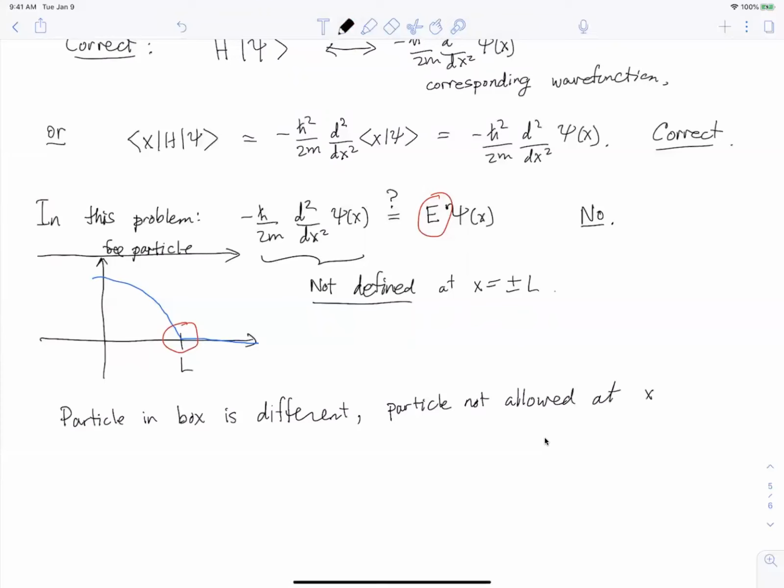So I'll just say at the edge of the box. In that case, there's no problem, and it really is an eigenstate of the Hamiltonian. But here, it's definitely not. So I just wanted to mention that.